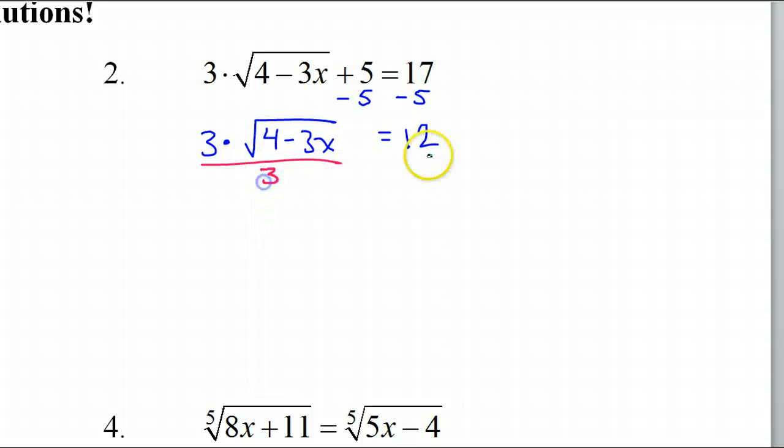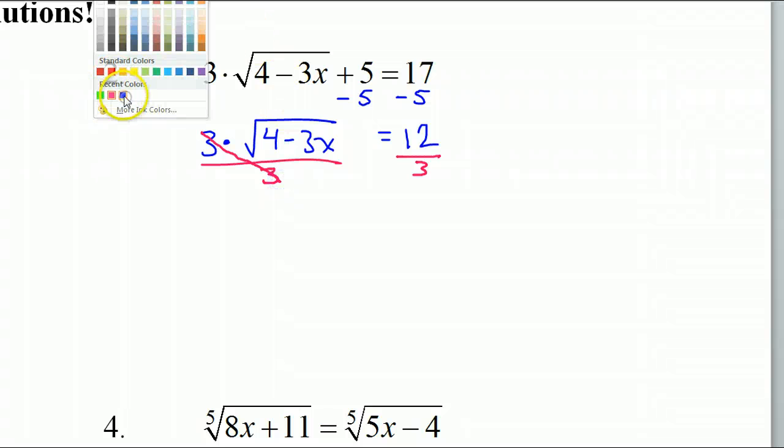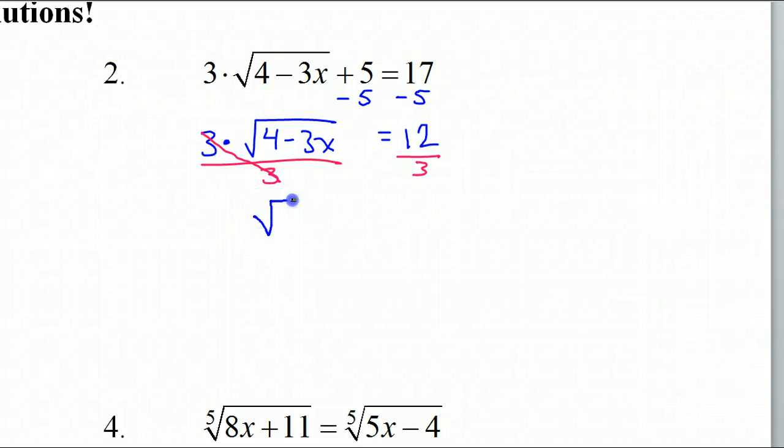So I will divide both sides by 3. That way these 3's will cancel each other out. So that will leave me with the square root of 4 minus 3x equals 4. Now that the radical is by itself, I can get rid of this radical by squaring both sides.